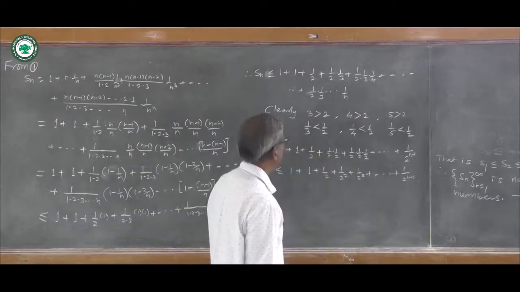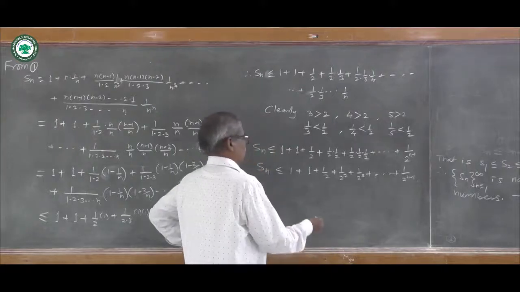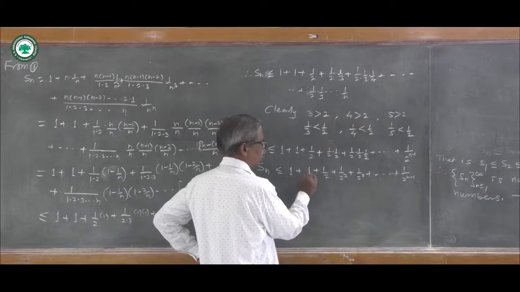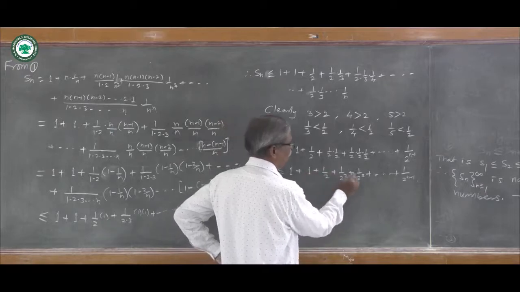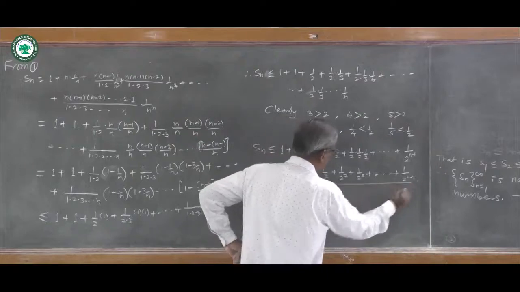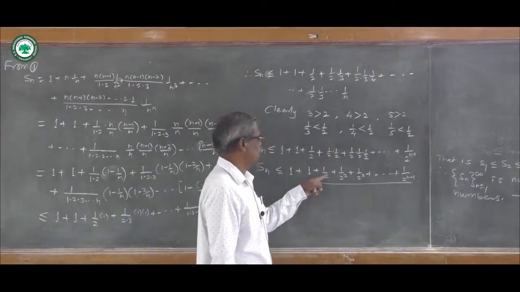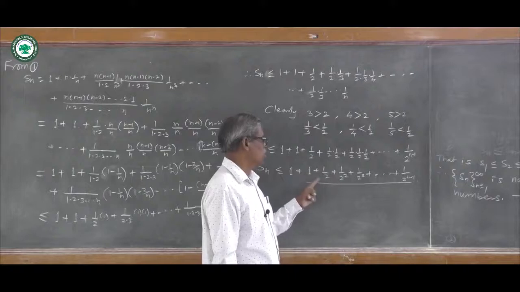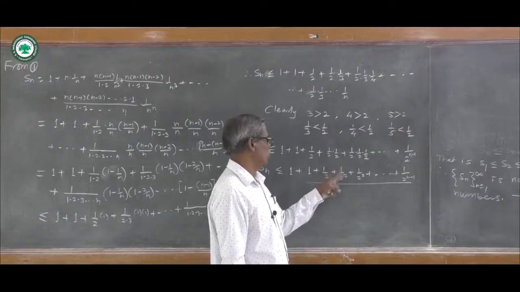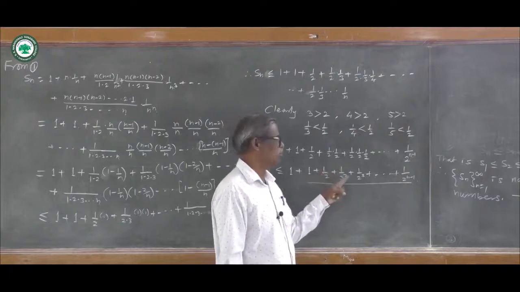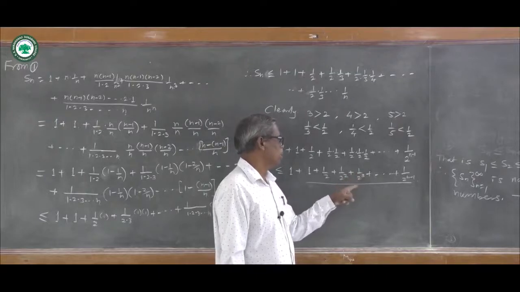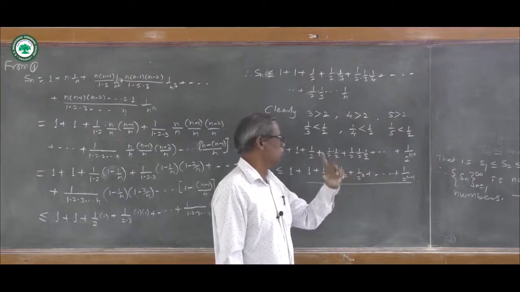In this addition, if we divide the third term by the second term, we obtain 1 half. If we divide the next term 1 by 2 square by 1 half, we obtain 1 half. Again we divide 1 upon 2 raised to 3 by 1 upon 2 raised to 2, we obtain 1 by 2.